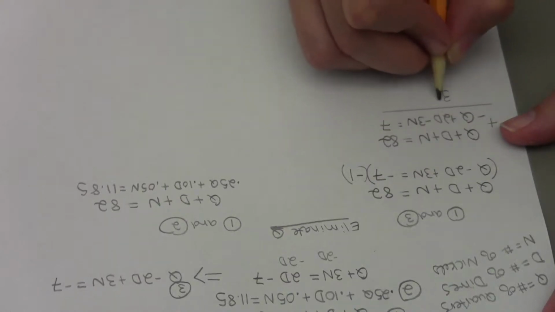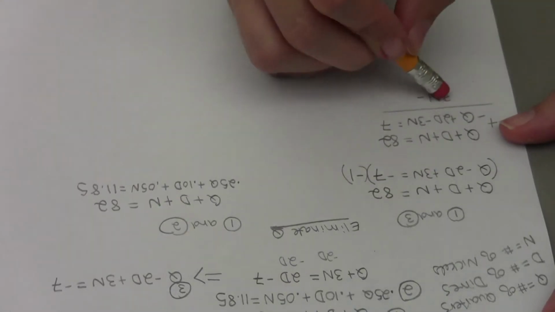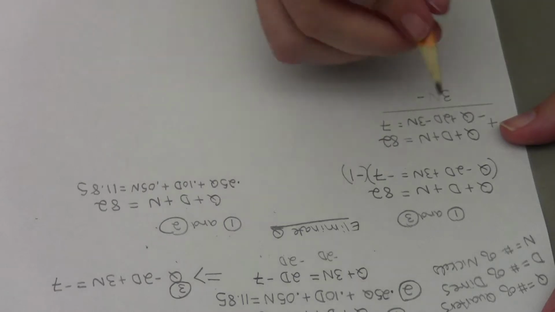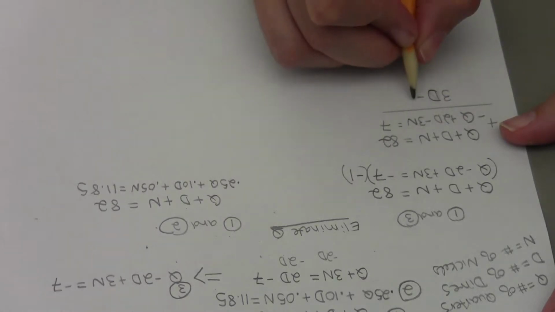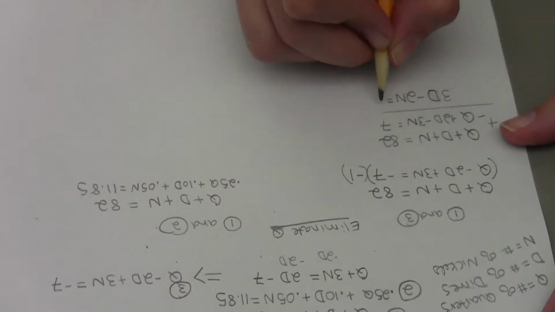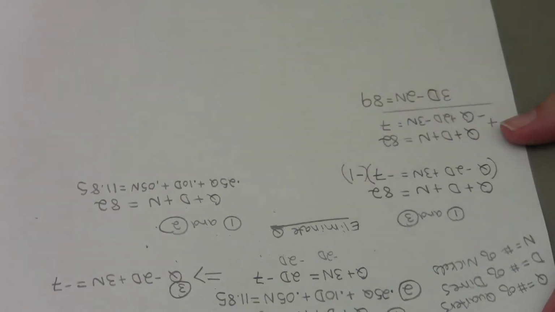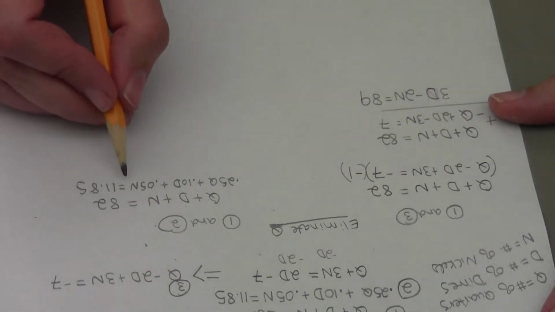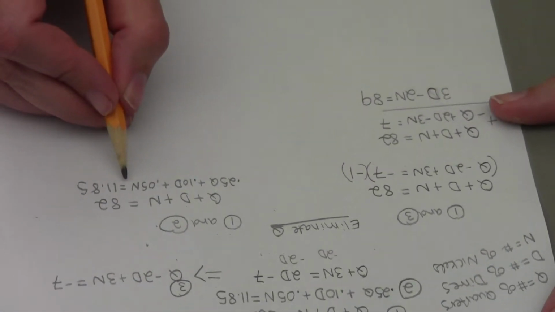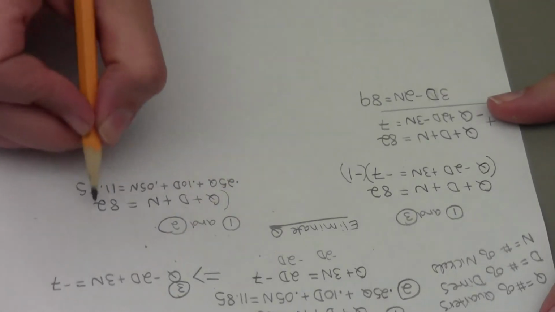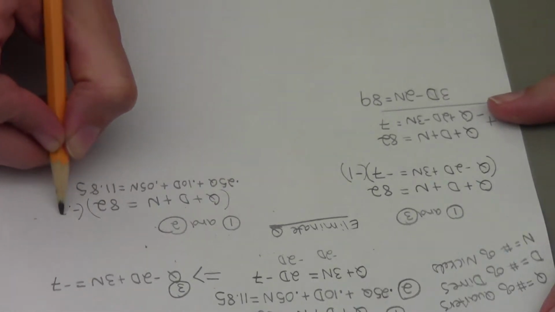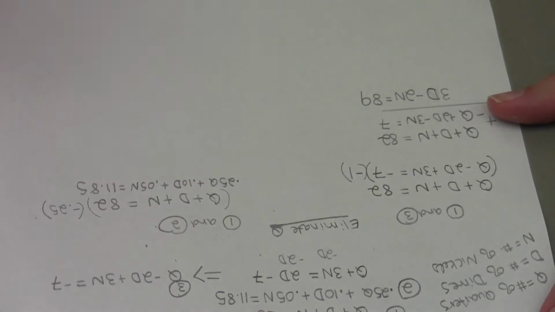Adding them, I'll have 3D, negative 2N, 89.